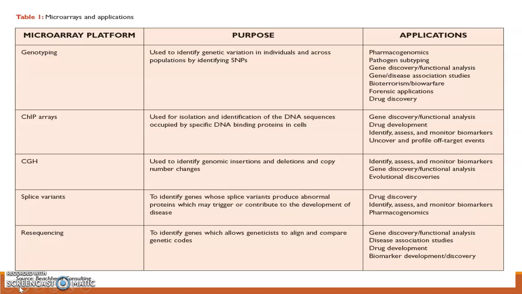They are used in gene discovery, drug development, and to uncover and profile off-target events. Comparative genome hybridization is used to identify genomic insertions, deletions, and copy number changes. Its applications are evolutionary discovery, gene discovery, and identifying, assessing, and monitoring biomarkers.